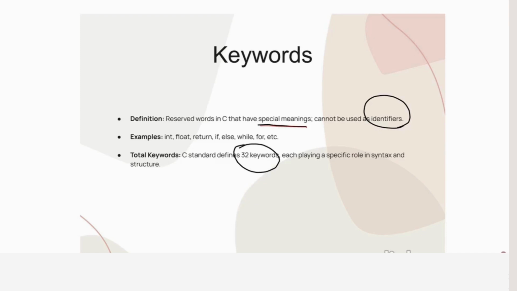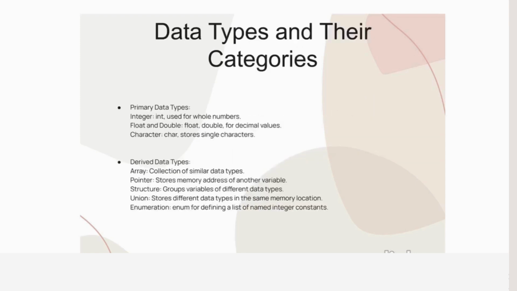A few of them are int, float, return, if, else, etc. Whenever a particular keyword is encountered in the program, the compiler understands the important task to be performed in the background so that the program works as expected for the programmer. We will learn about keywords further as we move ahead with the course of C programming.